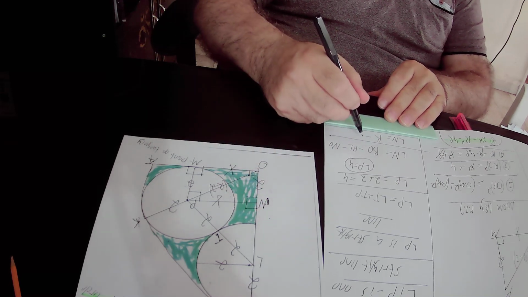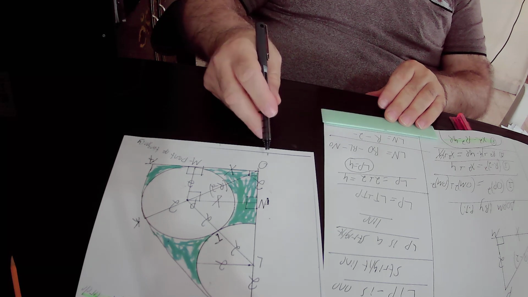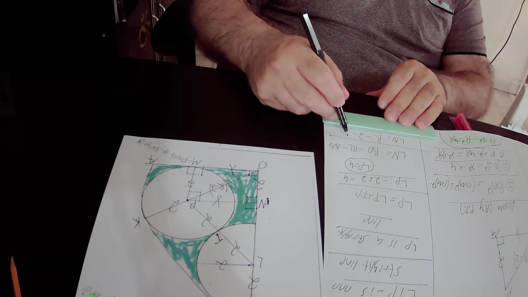BL equals 2, so it is minus 2, minus NO. NO also equals 2, so it is also minus 2.